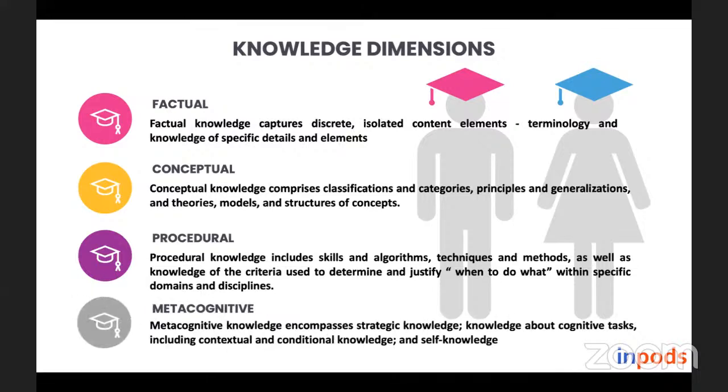And the last one is a very interesting area, and one of the most ignored areas in higher education: metacognitive knowledge. But this is not the problem of only our country, but all over the world. There is a growing recognition of this missing dimension of knowledge, metacognitive knowledge, and a lot of emphasis has been given to it.